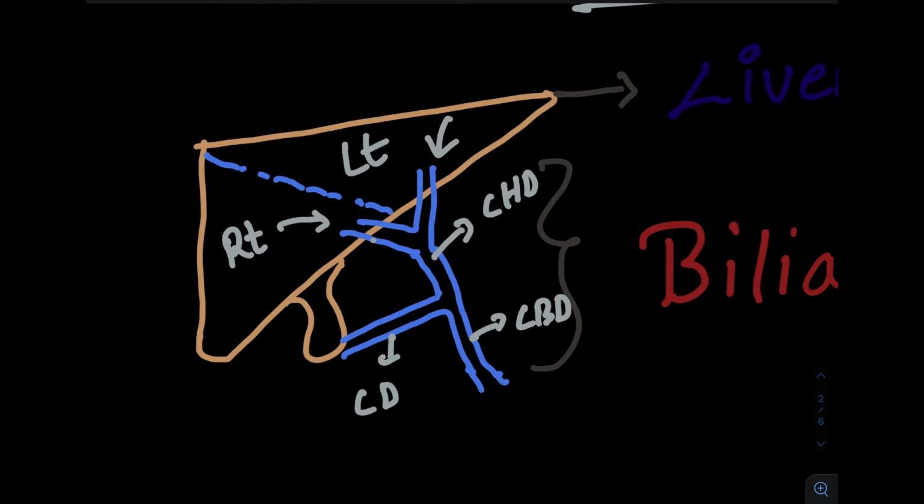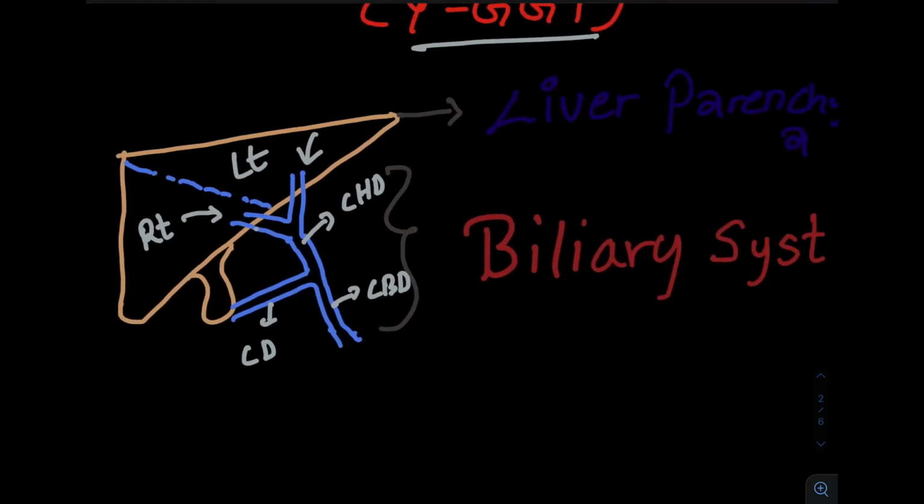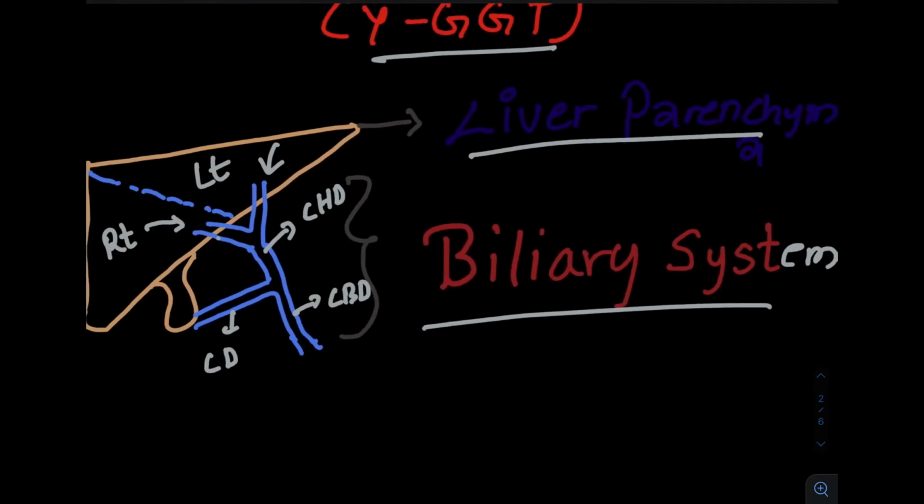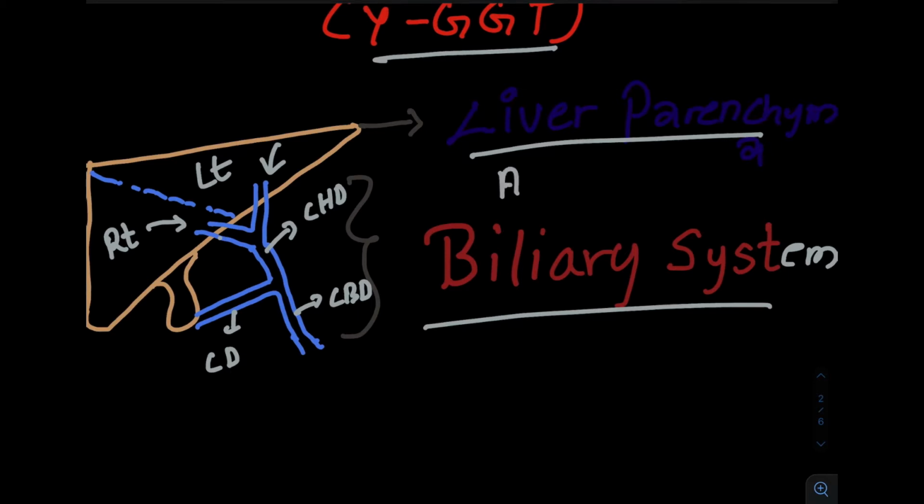So basically, for academic purpose, for learning purpose, liver can be divided into two parts, that is the liver parenchyma and the biliary system. When there is any disease process involving the liver parenchyma, such as liver cirrhosis or viral hepatitis or non-alcoholic fatty liver disease, then there is rise in the level of ALT and AST.